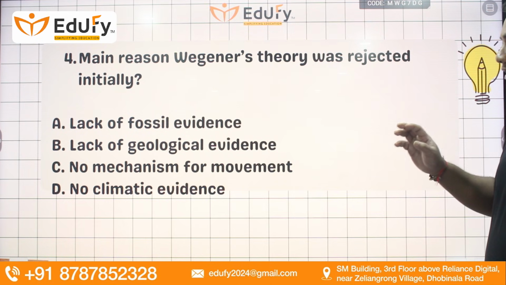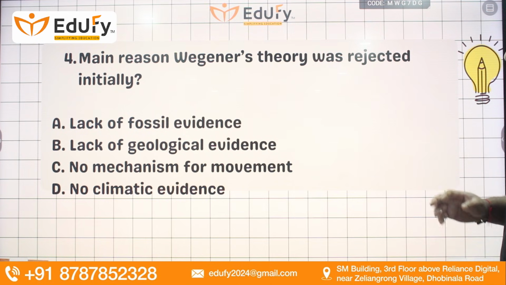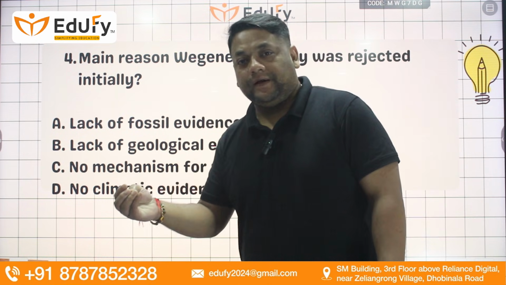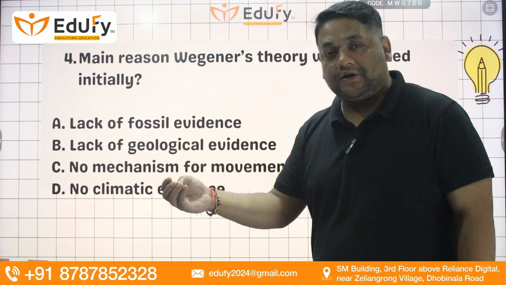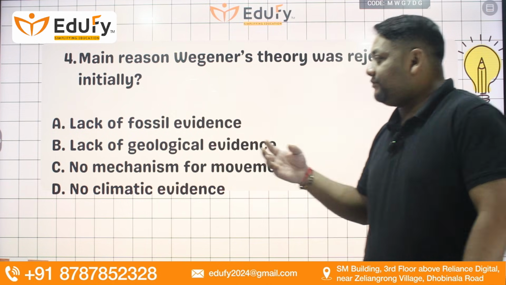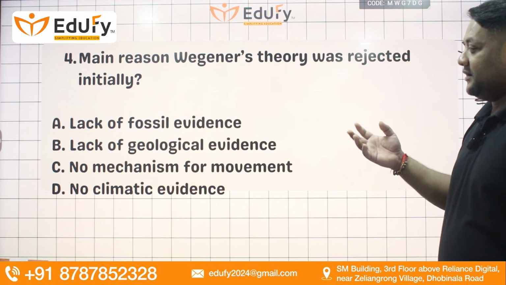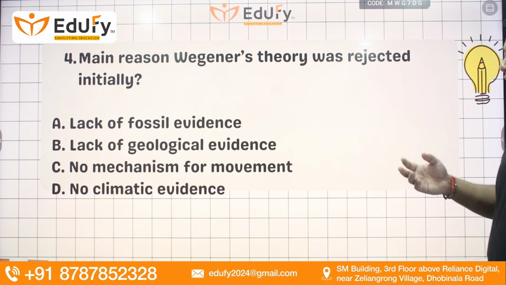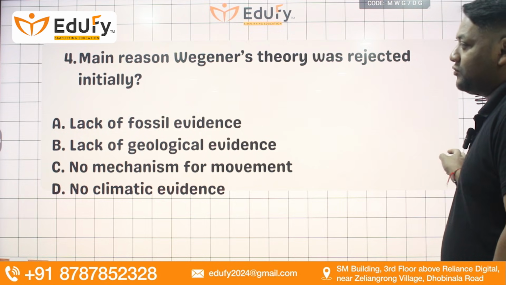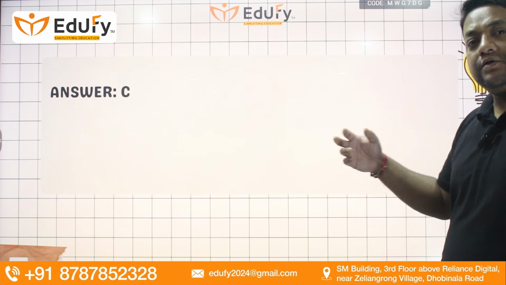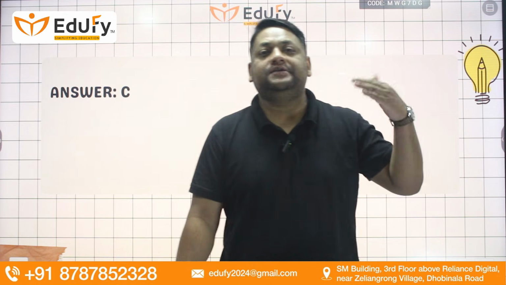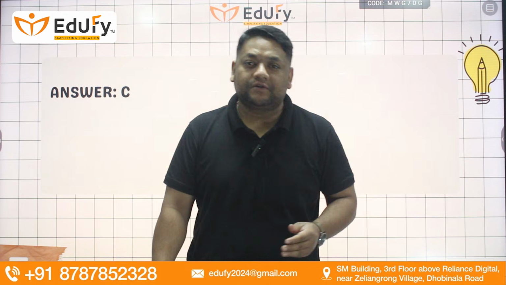We did have fossil evidence and geological evidence to prove that continents move, but there was no mechanism of movement. We did not know the mechanism for movement. C was the correct answer. Alfred Wegener, in his entire theory, said that initially Pangaea was available.